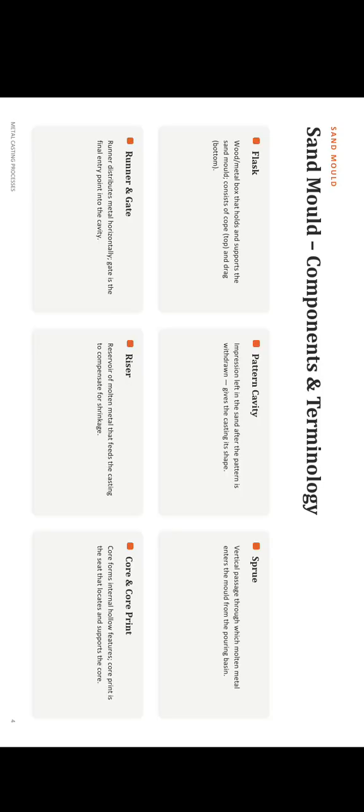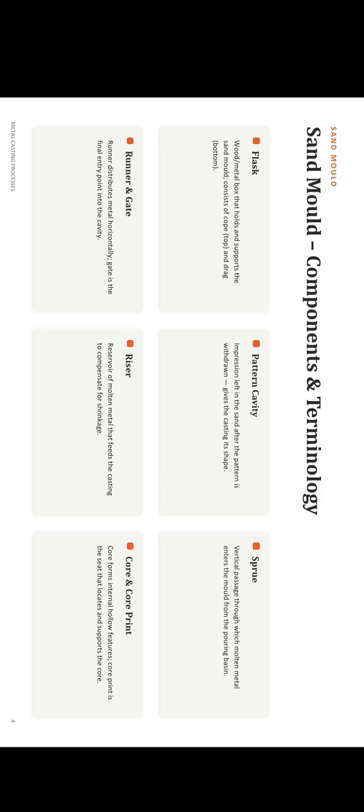Sand mold components and terminology. Flask: wood or metal boxes that hold and support the sand mold, consisting of cope and drag. Pattern cavity: the impression left in sand after the pattern is withdrawn, which gives the casting its shape. Sprue: the vertical passage through which molten metal enters the mold from the pouring basin.